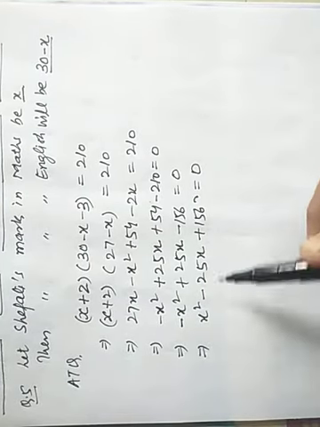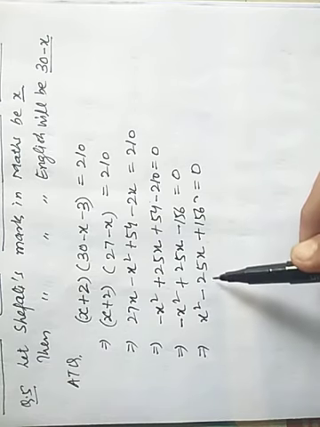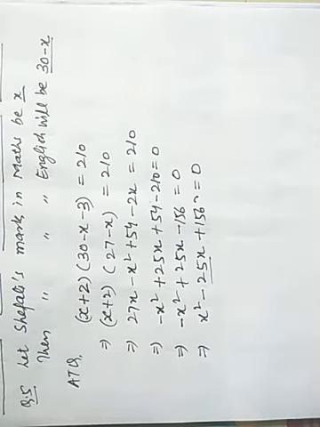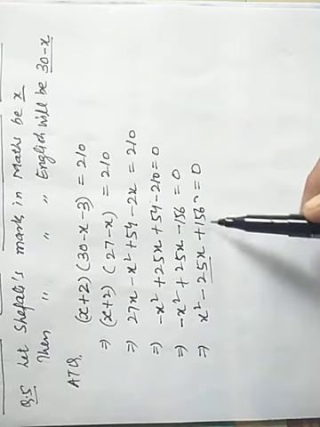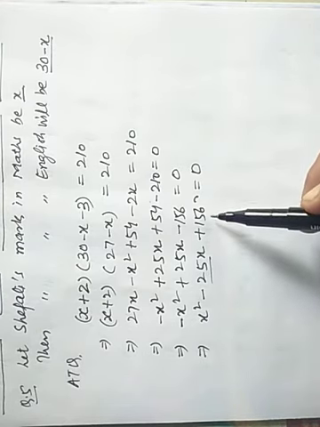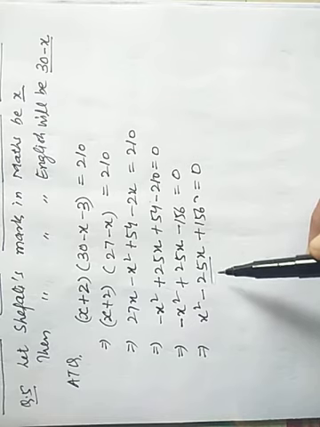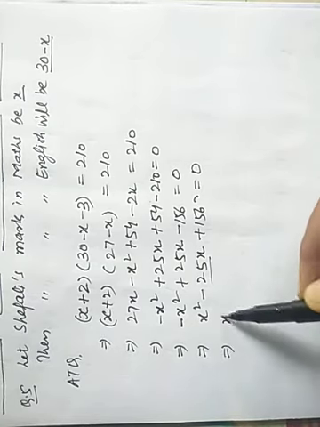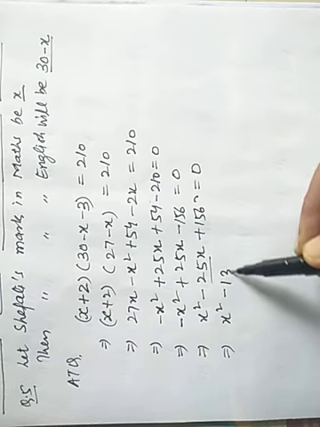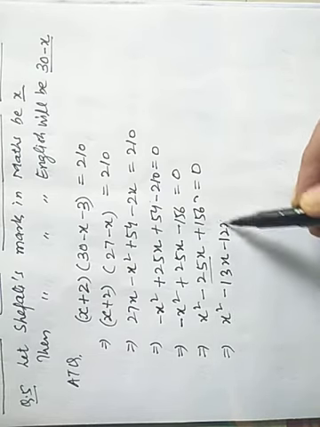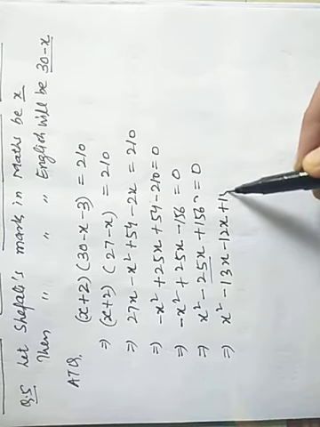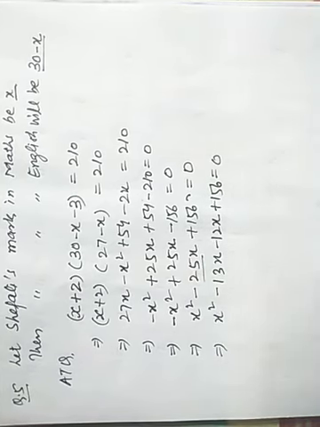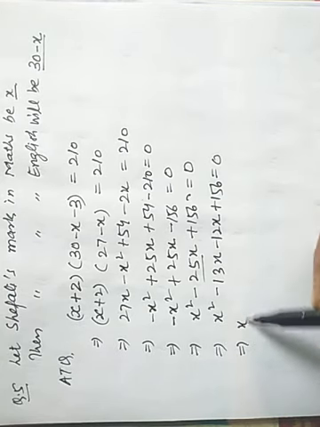Now we can solve this by the middle term splitting factorization method. We can split minus 25 as, because it is 156 here, we can split it as 13 into 12. So it will be x square minus 13x minus 12x plus 156 is equal to 0. Now we can take x common.